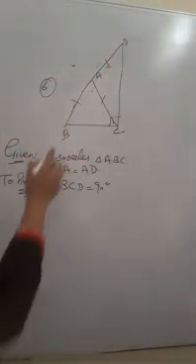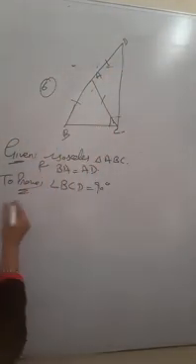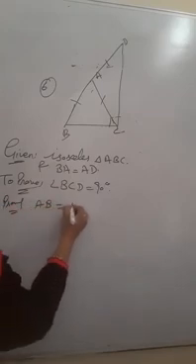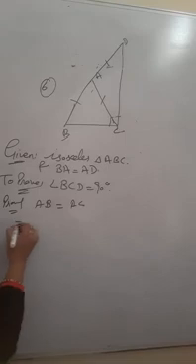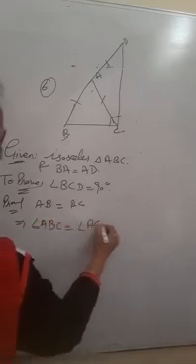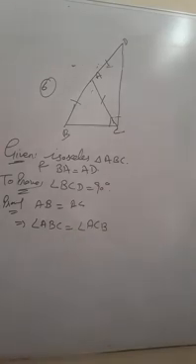Okay students, now here AB is equal to AC. If AB is equal to AC, that means angle ABC is equal to angle ACB. Why? If opposite sides of a triangle are equal, then opposite angles are also equal.